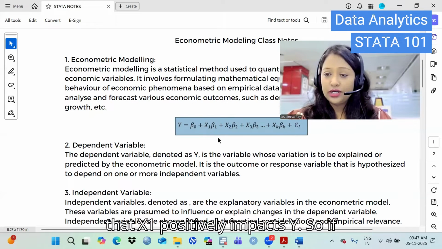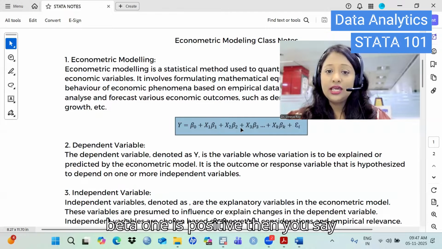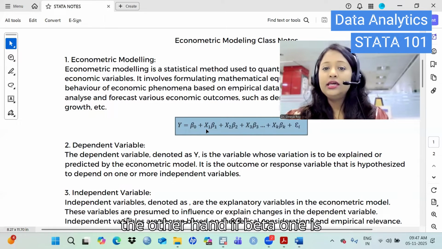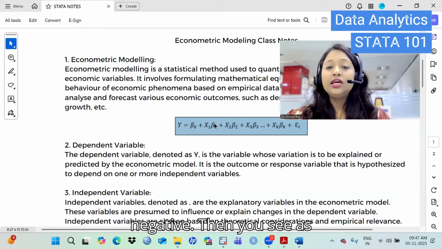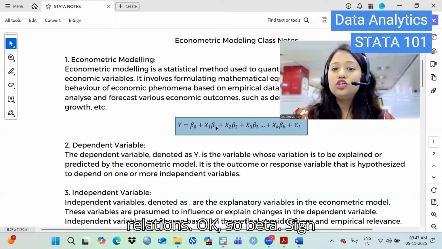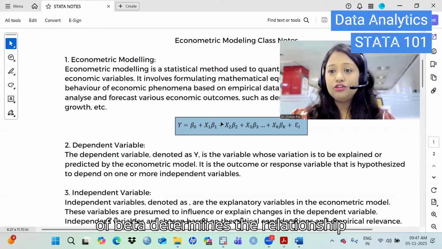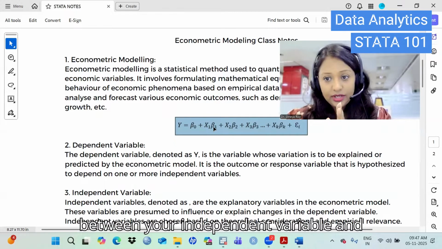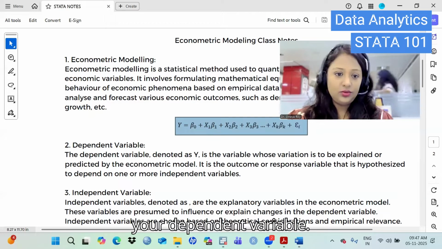So if beta 1 is positive, then as x1 increases, y also increases. On the other hand, if beta 1 is negative, then as x1 increases, y decreases. Opposite relations. So the sign of beta determines the relationship between your independent variable and your dependent variable.